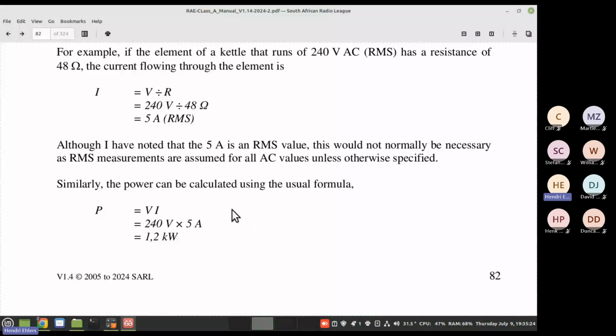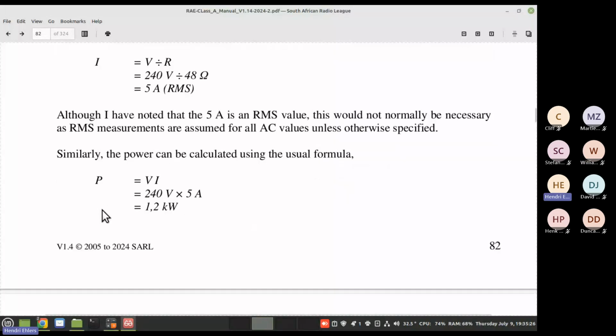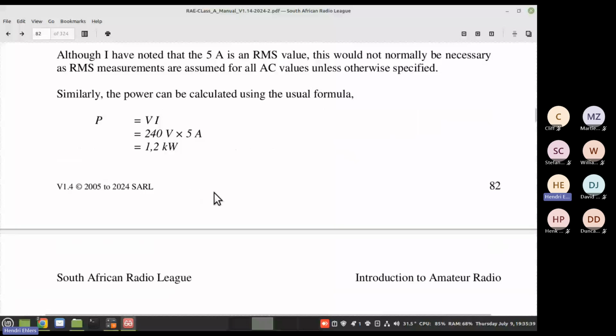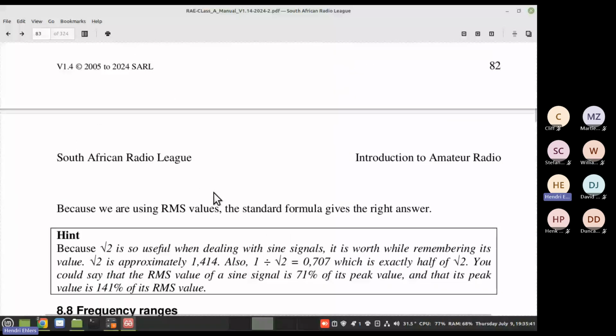Right, and then we can calculate the power, the wattage, V times I. 240 times 5 is 1.2 kilowatt. That's very easy. I'm not going to do that with a calculator again.